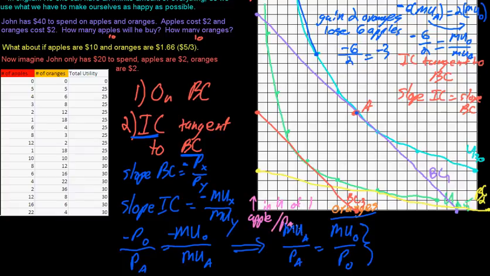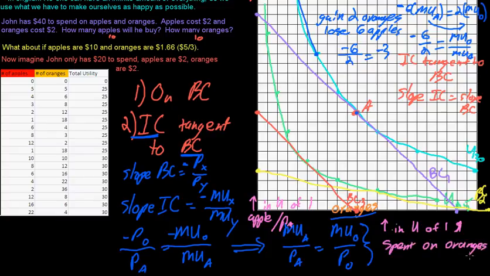So that is the increase in utility per dollar on apples. And this is the same thing for oranges. This is the increase in utility of $1 spent on oranges.